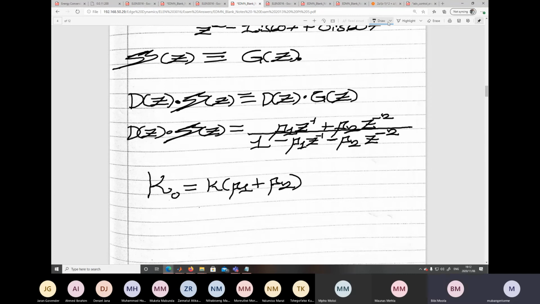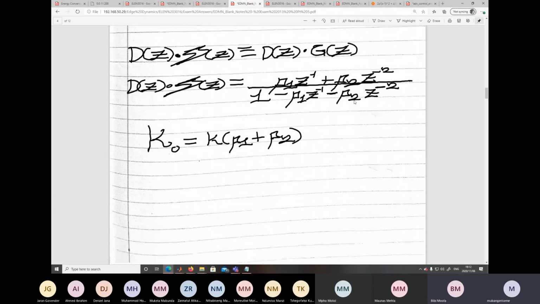I think what was initially a bit confusing for me is the G of S part, that they actually meant G of Z. Yeah, so you just have to watch your domains very, very carefully to understand which domain you are actually operating in. Okay?